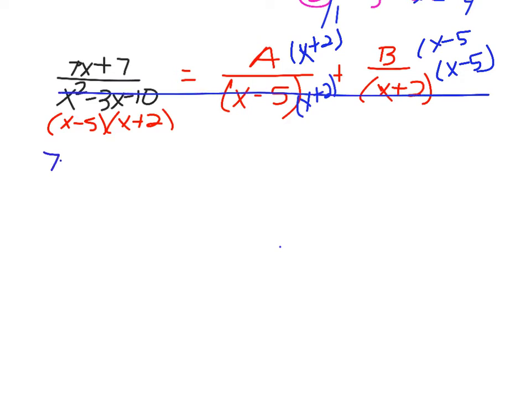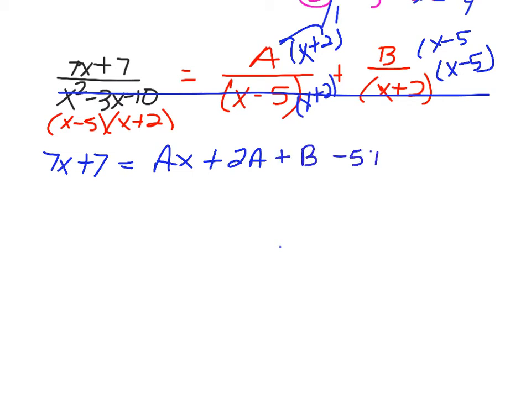So I know 7x plus 7 has to equal, distribute, Ax plus 2A, plus Bx minus 5B. So my x's, so 7x has to equal Ax plus Bx, and 7 has to equal 2A minus 5B.